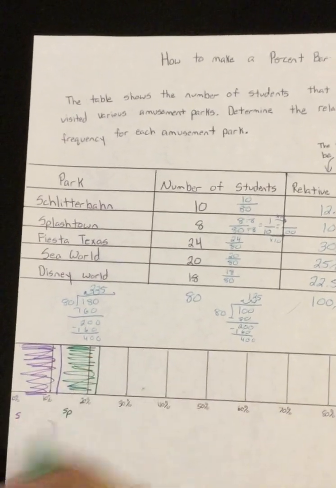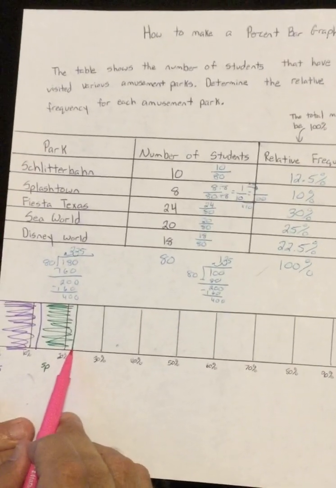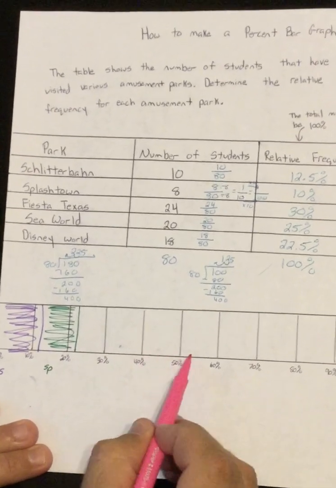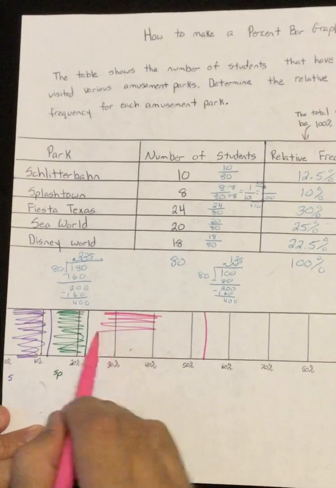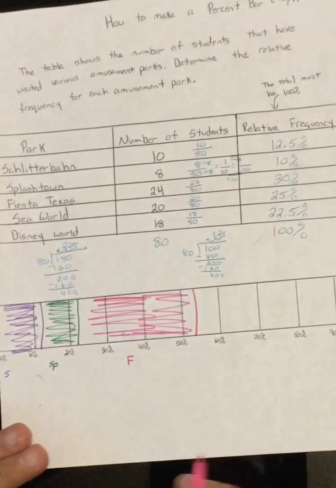SP for Splashtown. Fiesta Texas was 30%. So from 22 and a half, 32 and a half, 42 and a half, 52 and a half. There's my 30% right there. F for Fiesta Texas.